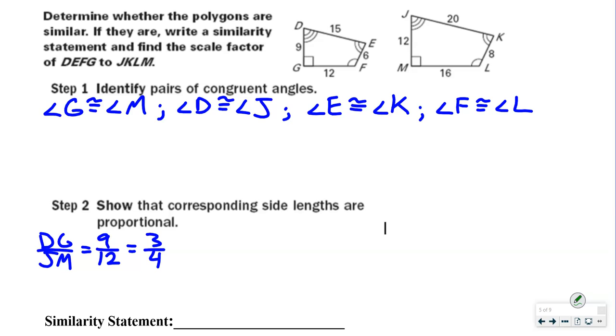And then if I look at the top, DE and JK. DE over JK is 15 over 20. That simplifies to 3 over 4. Then look at the right side. We have EF and KL.